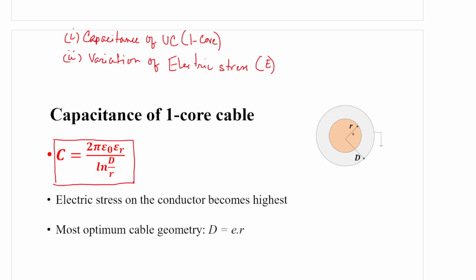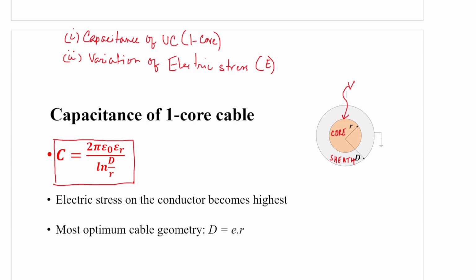The first layer is the conductor, called the core, and the second layer is called the sheath. Core having radius r and sheath having radius d. Line voltage is impressed on the core or conductor, and the sheath is expected to be grounded.